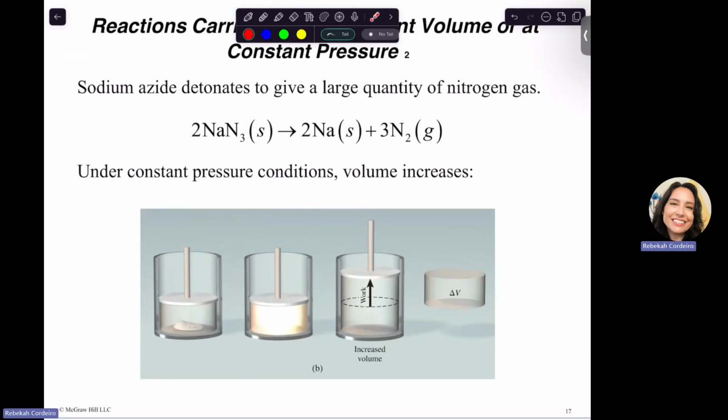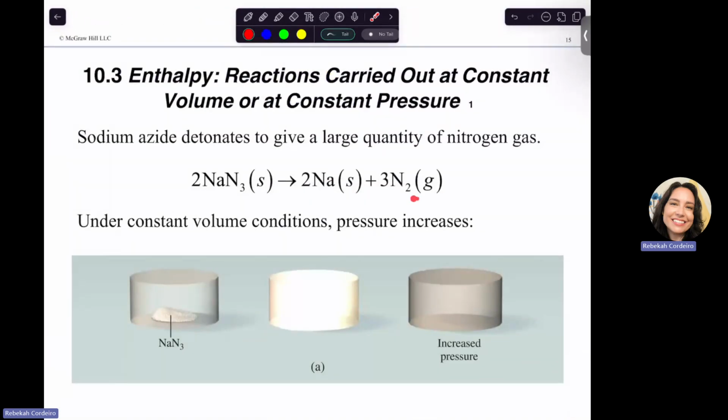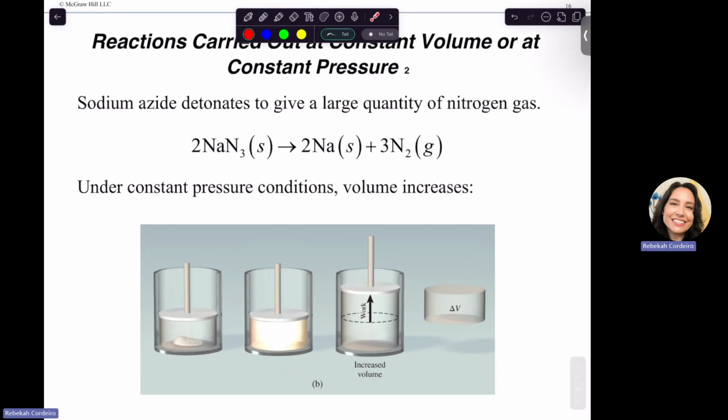Under constant pressure conditions, the volume would increase though. If we're forming gas and the container can't expand, pressure is going to increase. If the container can expand, the container will expand.